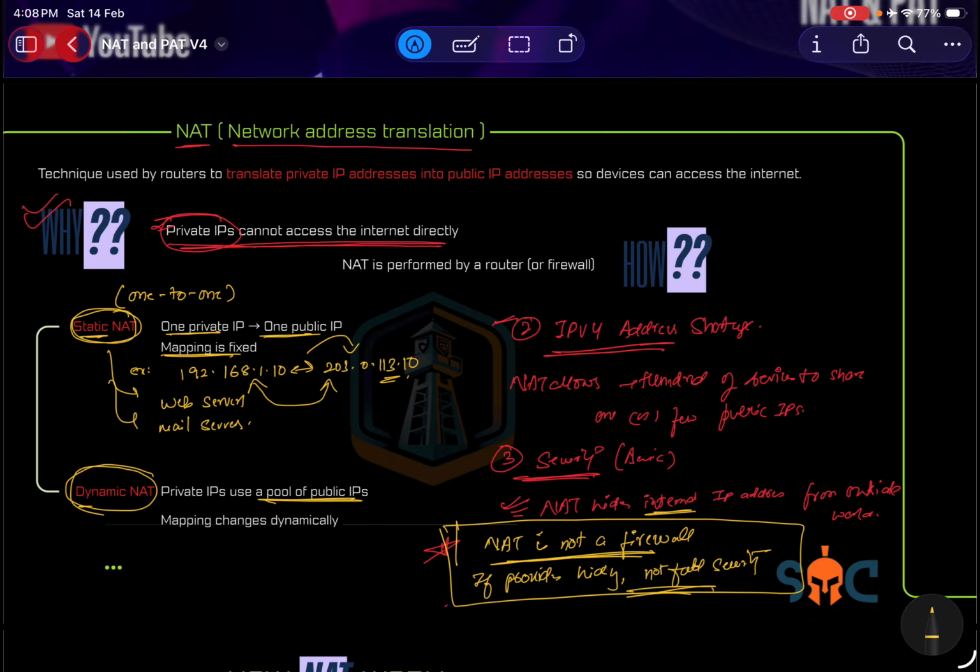Let's take private IP 192.168.1.10, and let's take two public IPs, 203.0.113.10 and 203.0.113.11.